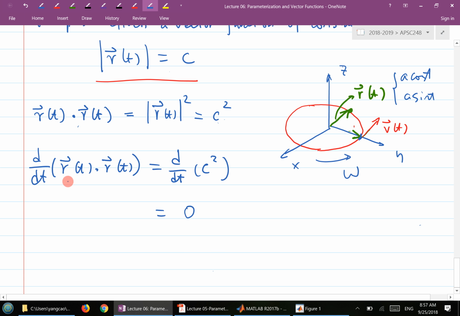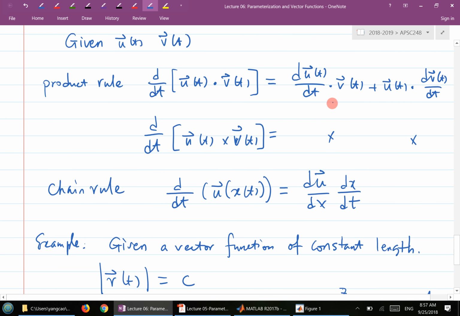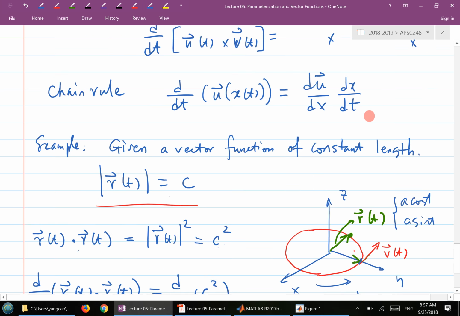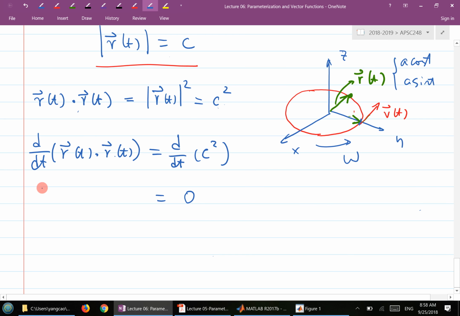And on the other side, inside the bracket, are essentially two vector functions, so I can use the product rule. If I apply the product rule to the left side, you get dr of t over dt dot r of t plus r of t dot dr of t over dt.